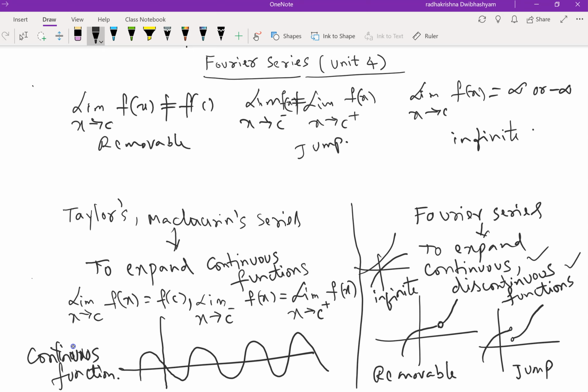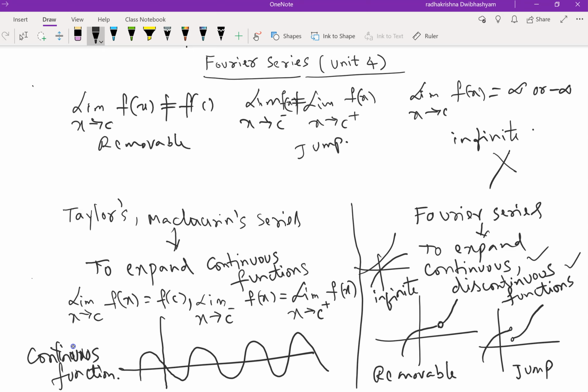Okay, so for any type of function, whether the function is continuous or discontinuous, that function can be expanded using Fourier series if it satisfies certain conditions. That means any discontinuous function must have a finite number of discontinuities. If a function has infinite discontinuities, then it cannot be expanded using Fourier series.